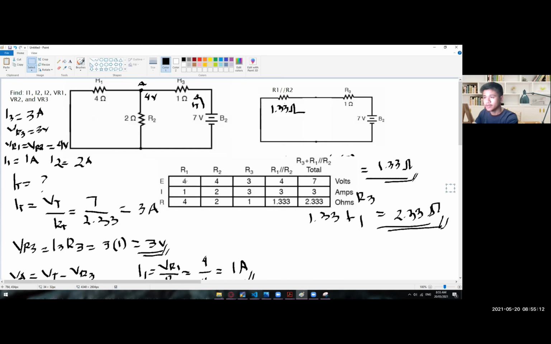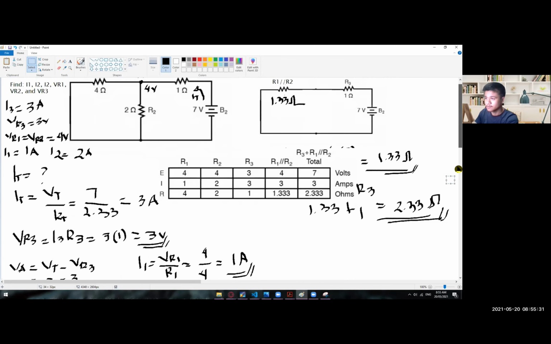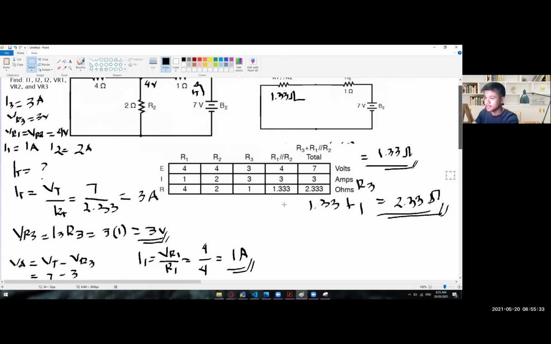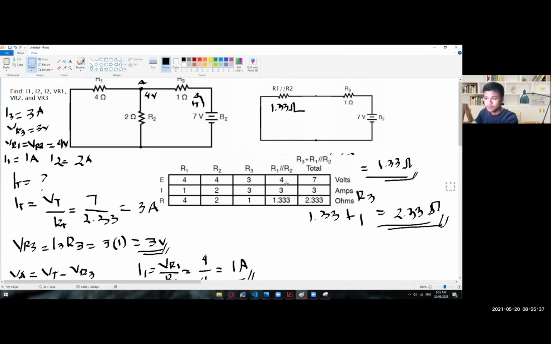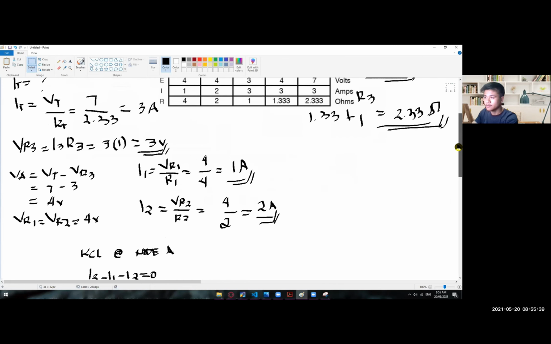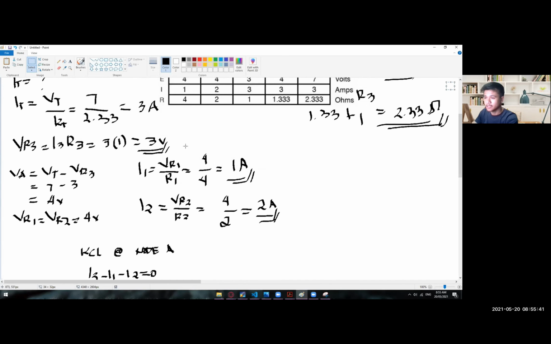And then for R1, we have here 4 volts across R1, and then 1 amp across I1, and then 4 ohms on that resistor. So yeah, we have the same results, which only says that we've got the correct answer. So were you guys able to follow how we got those values?